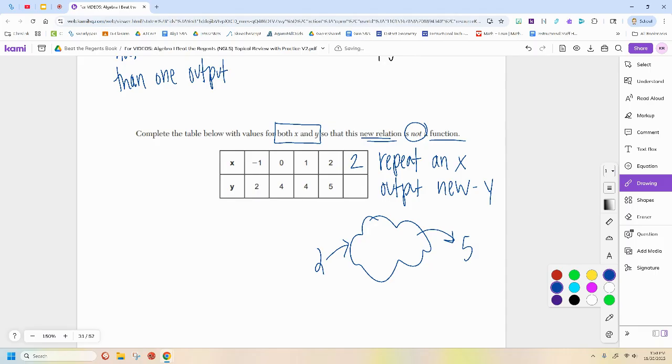So I don't want it to do that again, but if I put in a 2 and it spits out a 6, that is a problem. So I can just put a 6 there or any other number that suits my fancy. Also, instead of using the 2 for x, I could have used the -1, the 0, or the 1. So any of these x values could have gone in this box, and then basically you just needed to choose a pair that was not the original pair. All right, so pretty easy.